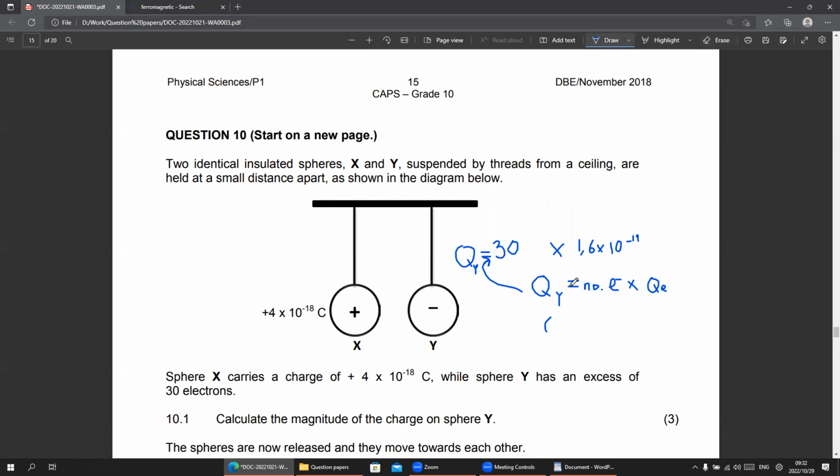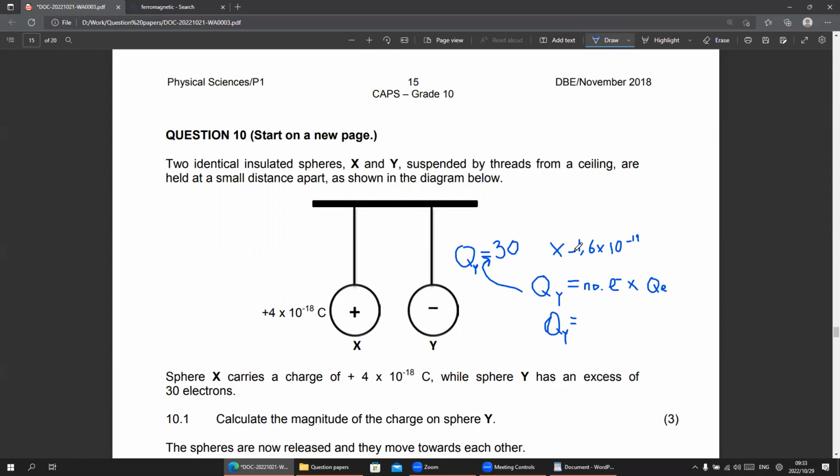Then you're gonna get your final answer where QY is equal to negative 30 times 1.6 times 10 to the exponent negative 19.